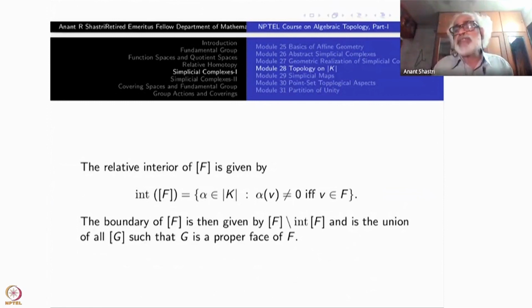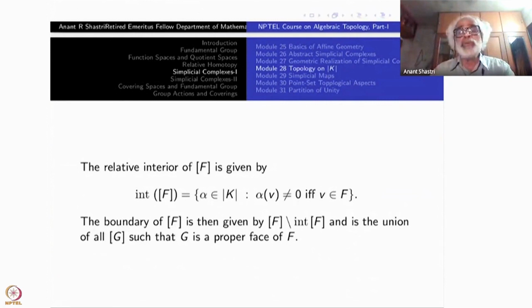But as a subspace of R2, it has no interior. So this open interval is the relative interior of the simplex, irrespective of where it is contained. So we are defining it irrespective of it.